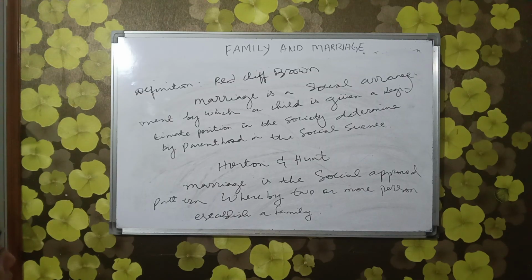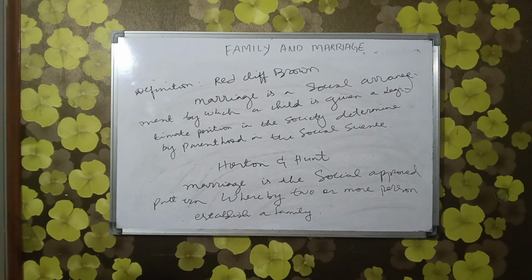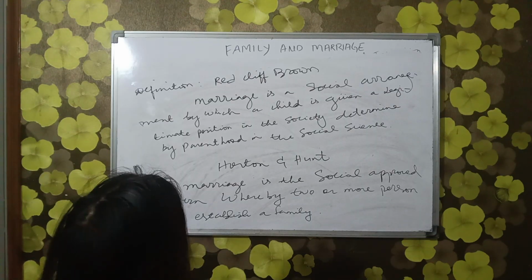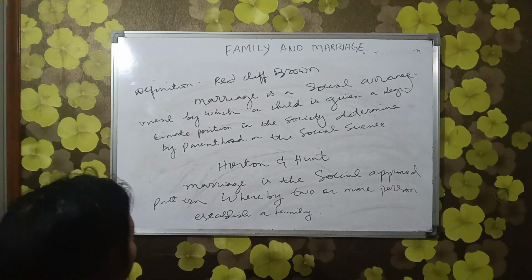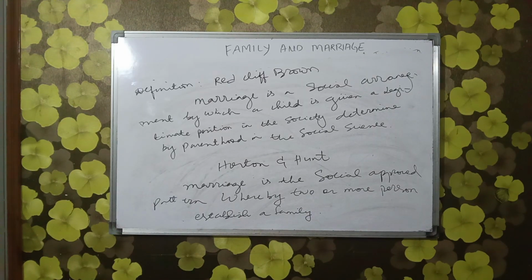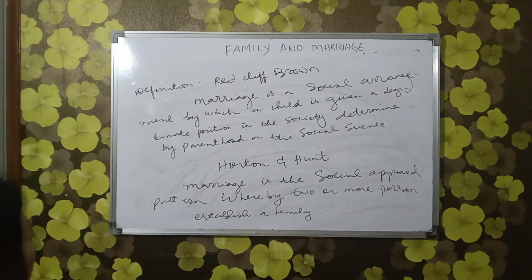That means the male and female establish a family along with the children. So the definition of Horton and Hunt, marriage is the socially approved pattern whereby two or more persons establish a family.